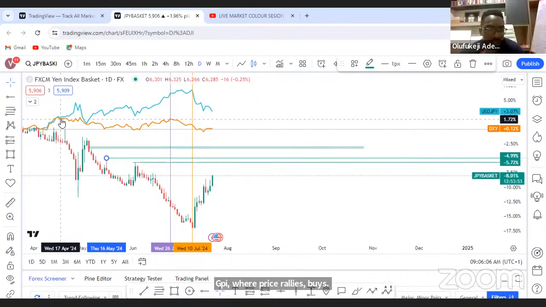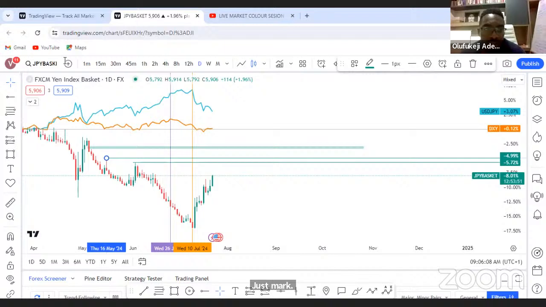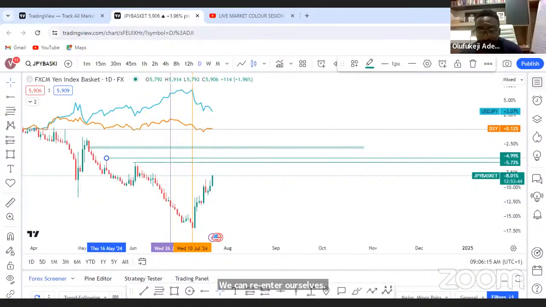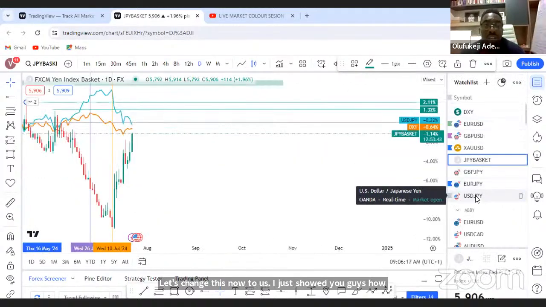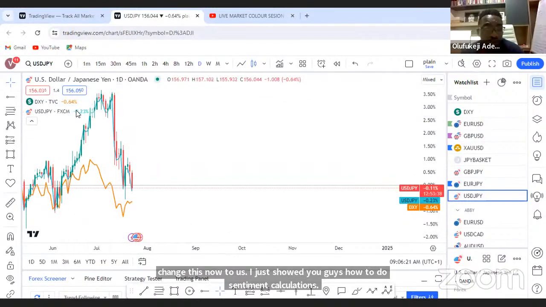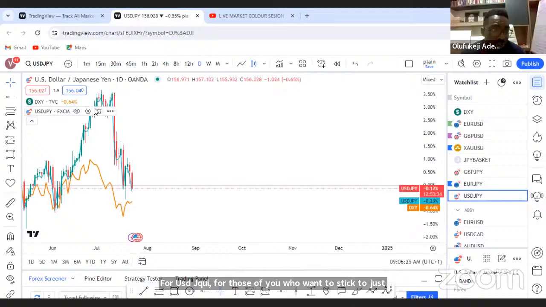Okay, so let's change this now to USD JPY. We can mark all the levels where we can re-enter ourselves. I just showed you guys how to do sentiment calculations for USD JPY, for those of you who want to stick to just one currency pair.